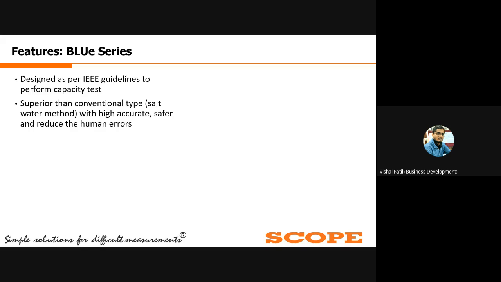Generally, the positive and negative terminals of the battery bank are connected to metal rods, and these metal rods are placed in a water tank in which salt is introduced, and the rods are separated by a certain distance. In this salt water method, the discharge current is maintained by the proportions of the water and salt.